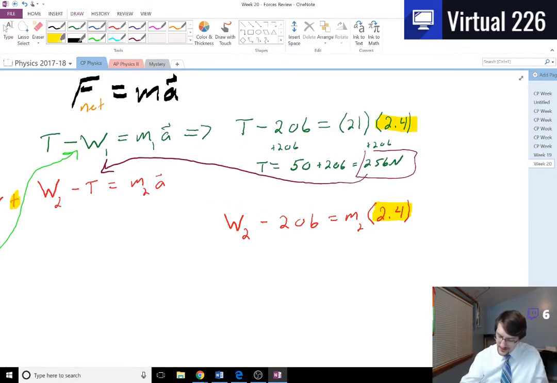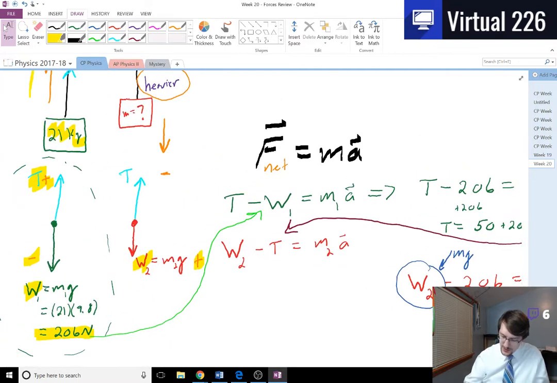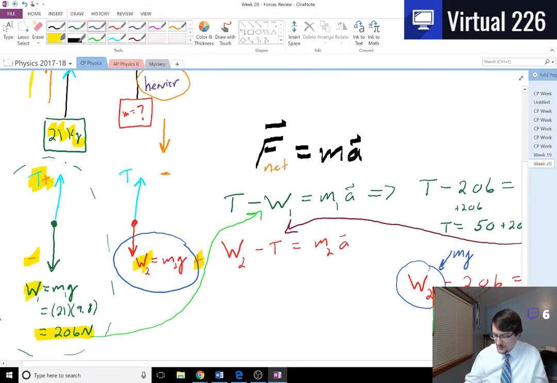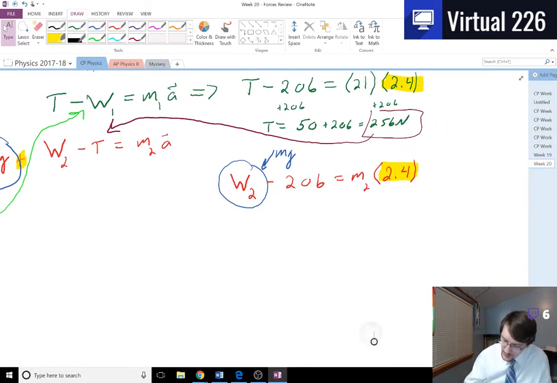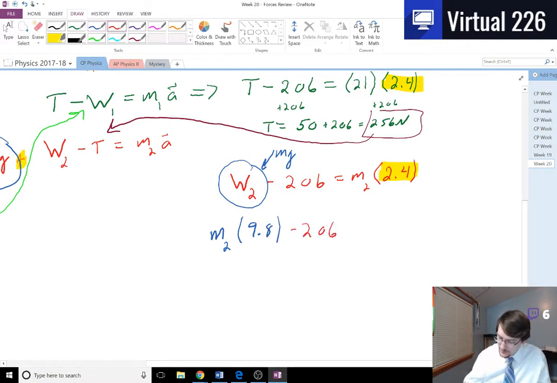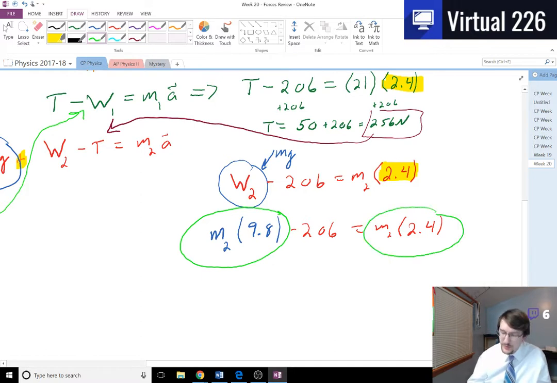What we need to remember here deals with this weight. We need to remember that weight equals mg. We wrote it in our picture. We wrote it right here. But let's just sub it in. Because when we say the mass of the second block times g, 9.8, minus 206 equals m2 times 2.4, we see that this mg and this m2.4, those are like terms.